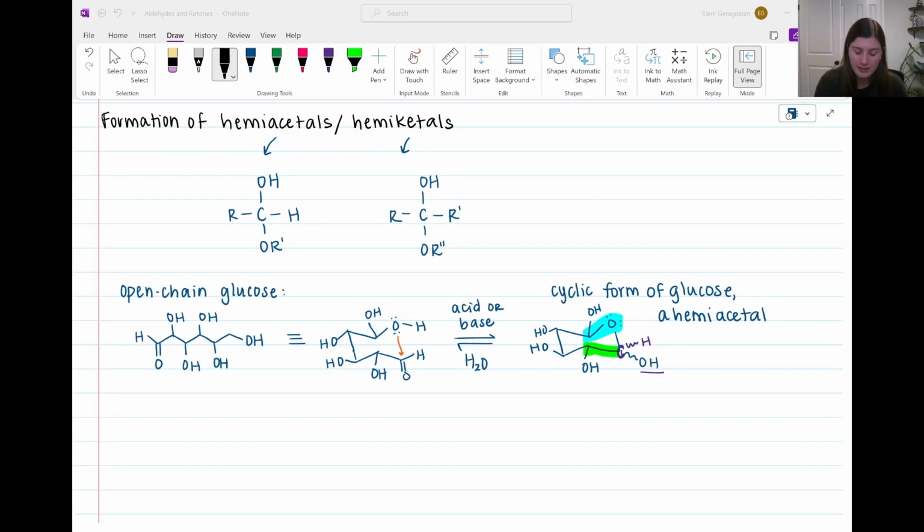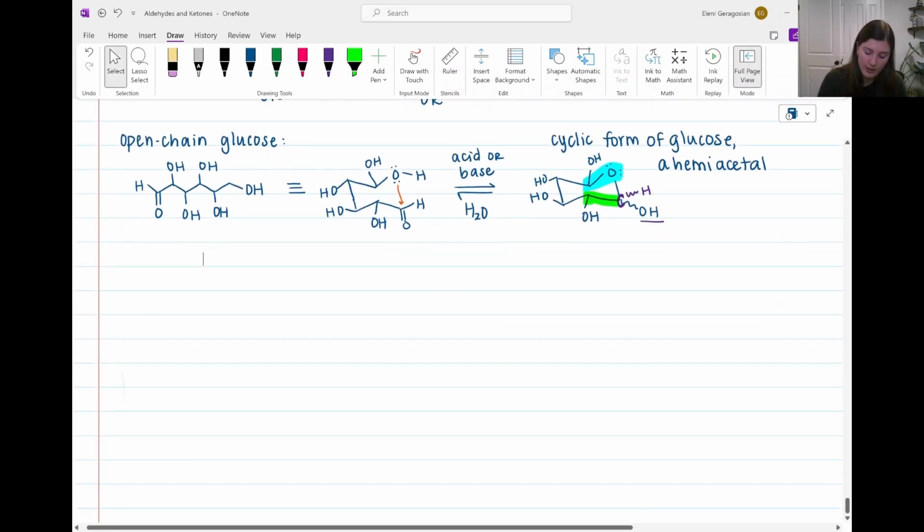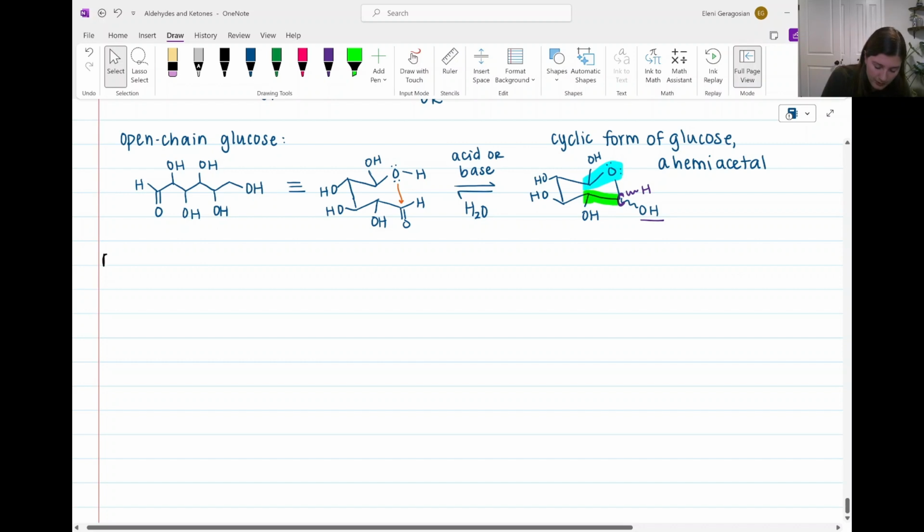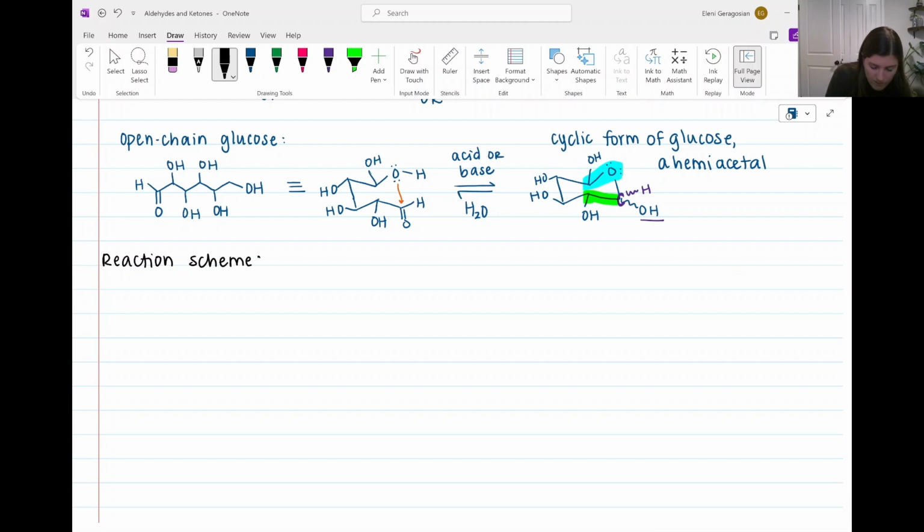So now let's write the reaction scheme for forming hemiacetals and hemiketals. We'll draw each reaction scheme separately. Now, we're in our aldehyde and ketone unit.